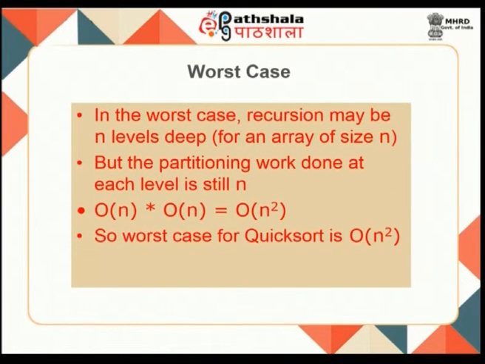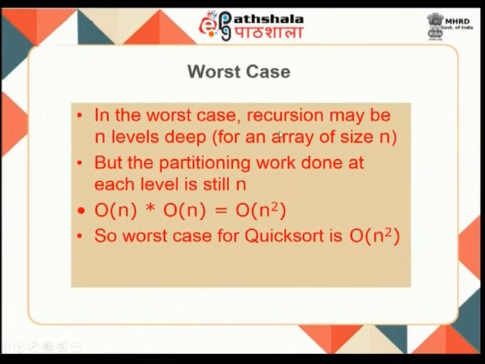Fine, this is the complexity analysis of Quicksort. As I said earlier, the efficiency of Quicksort depends wholly on the partitioning element P. This is the worst case scenario. In the worst case, the complexity is of the order of n square.